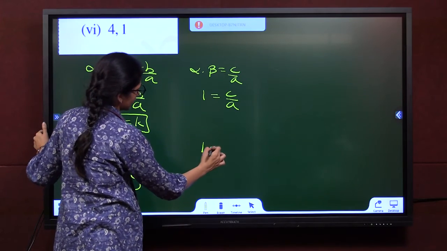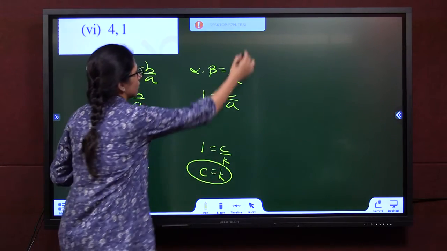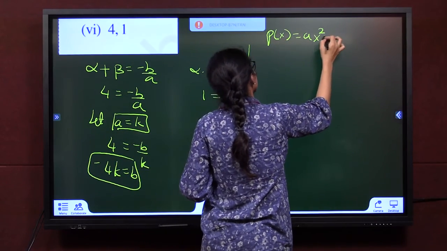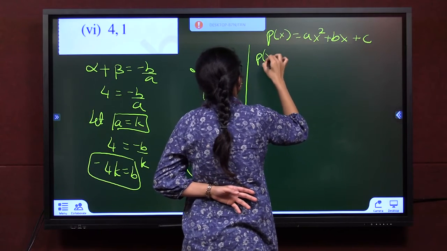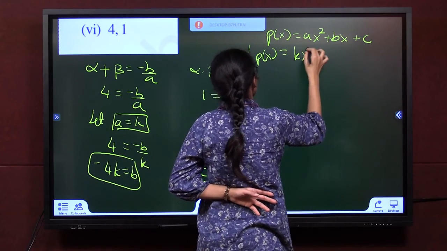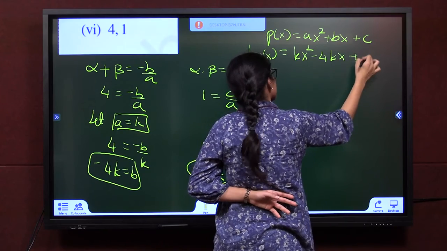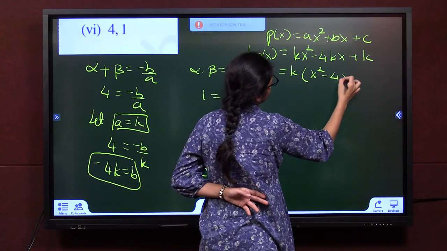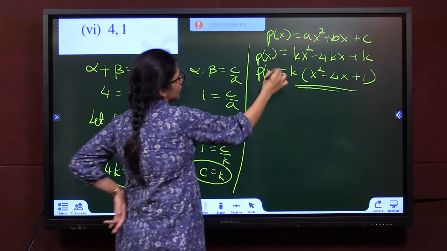Here 1 is equal to c by k, c is equal to k. Start with the equation. P of x is equal to ax square plus bx plus c. Replace everything there. P of x is equal to kx square, b is minus 4kx, plus c is k. Take the k common. You have x square minus 4x plus 1. So this is your general form of the polynomial.